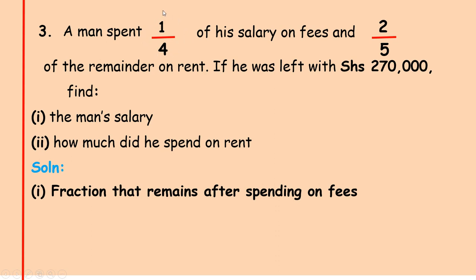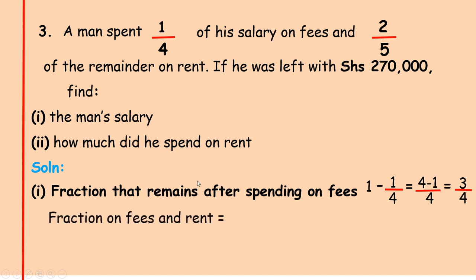The fraction remaining would simply be one whole number minus what has been spent, which is a quarter. Once we subtract this, LCM is 4. 4 divided by 1, 4 times 1, 4, minus 1 out of 4. That gives us 3 out of 4. So the fraction that remains after spending on fees is 3 out of 4.